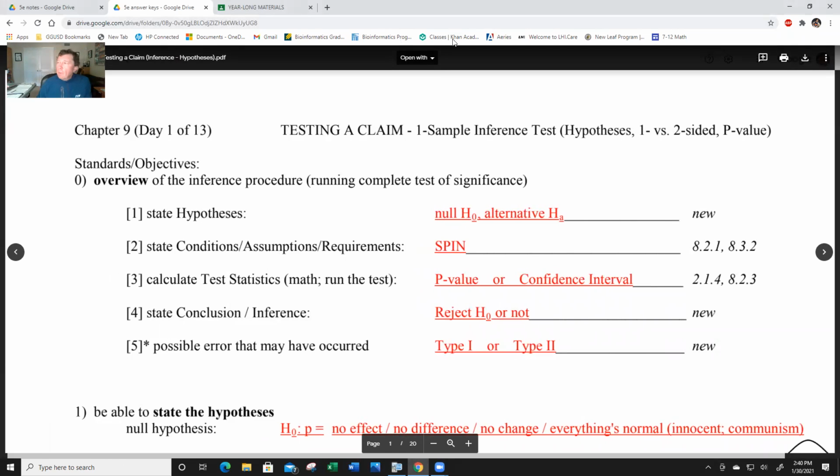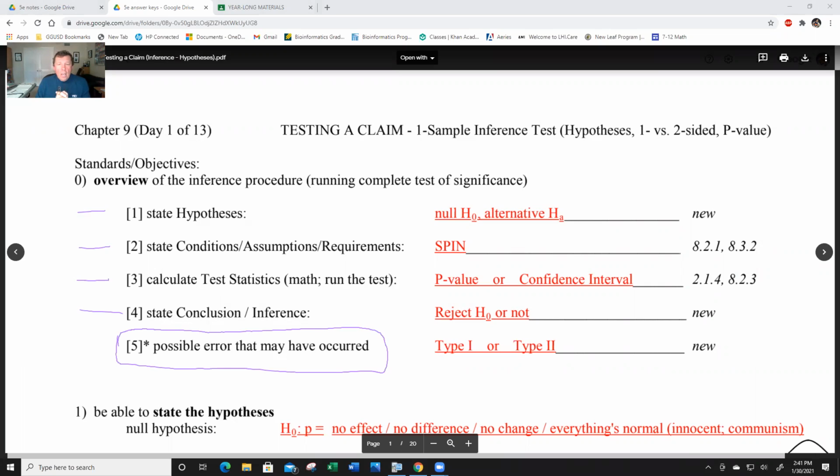Okay, and those parts are state the hypothesis, state the conditions, run the test itself, and then state the conclusion. 5 has a star by it because sometimes they add another question. But it starts with doing a 4-part response to these questions.